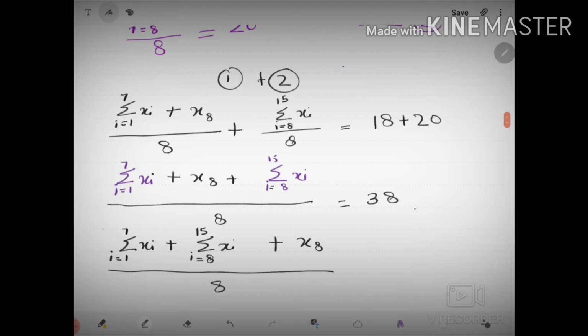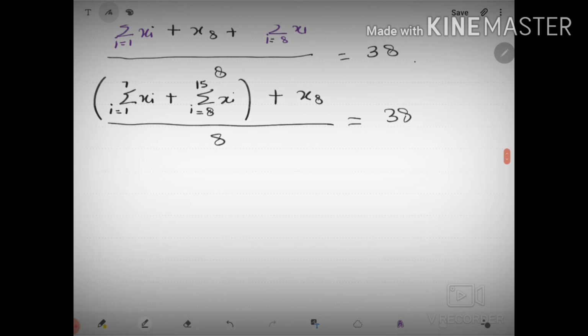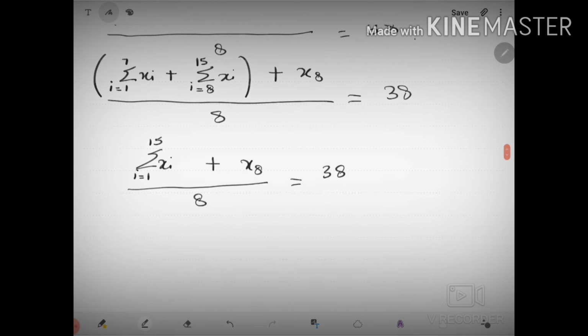So we will be taking this bracket, and on simplification I can write this as sigma xi, i equals 1 to 15. That means all 15 observations have the sum as written over here, plus x8, divided by 8, equals 38.